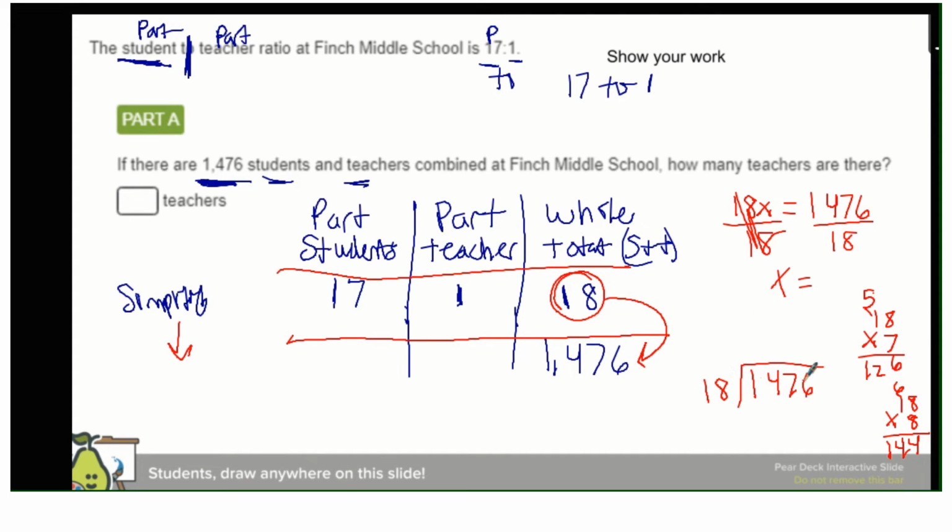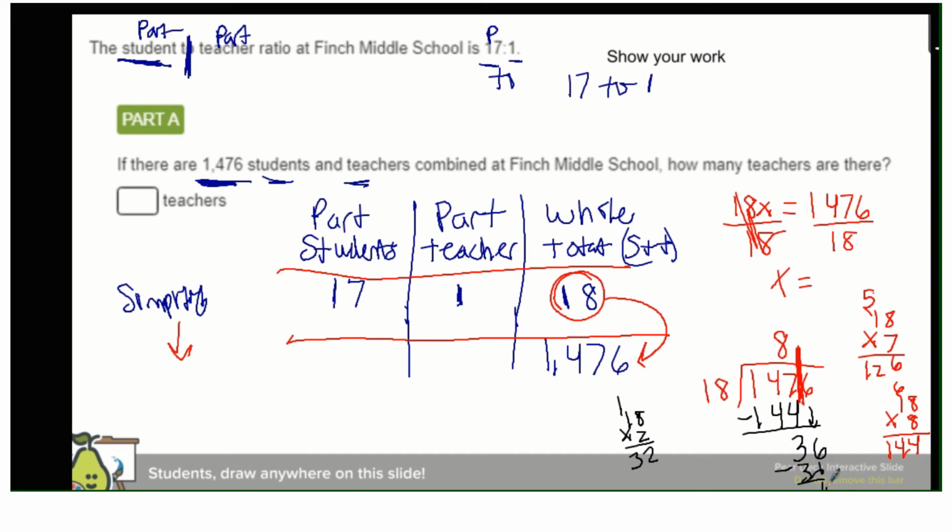So since 18 goes into 147 8 times, I'm going to put the 8 here. And then I'm going to subtract 8 times 18, which is 144. So 147 minus 144, that's going to give me a 3. And then I bring down my 6, and I need to figure out how many times 18 goes into 36, and that is 2 times.